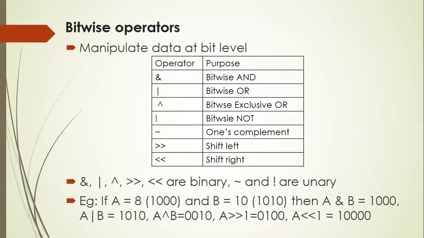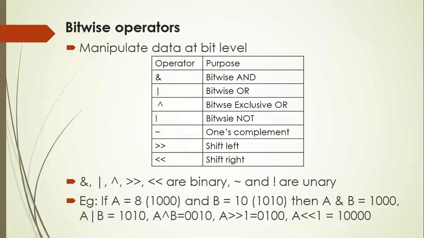Out of the different bitwise operators, bitwise AND, bitwise OR, bitwise exclusive OR, shift right and shift left are binary operators, whereas the tilde mark, which is for ones complement, and bitwise NOT are considered unary operators.